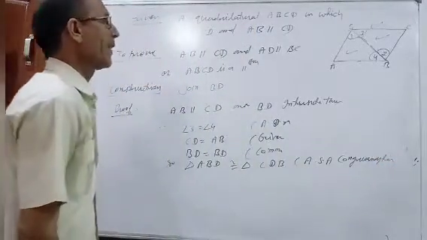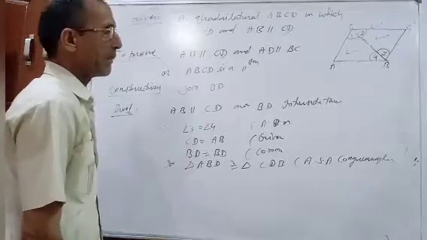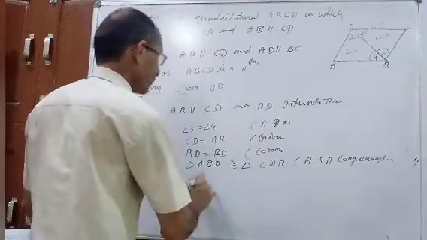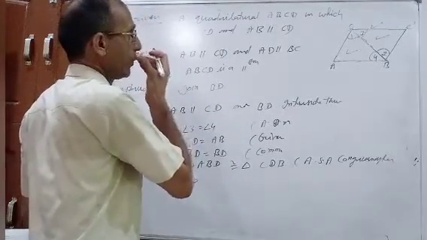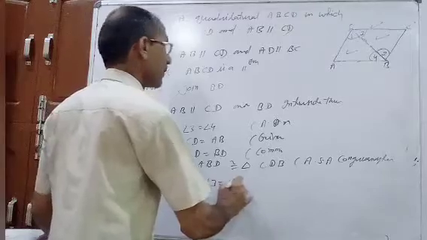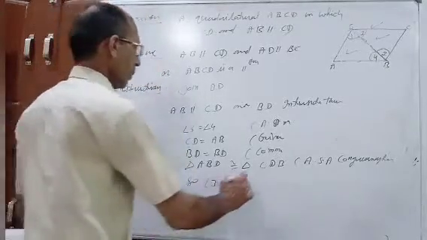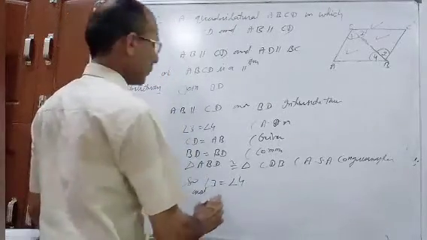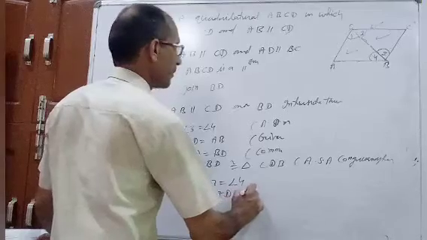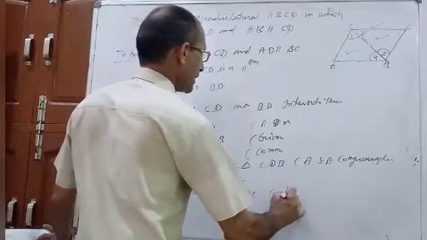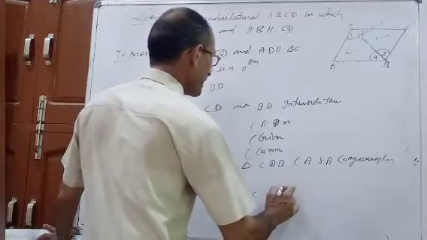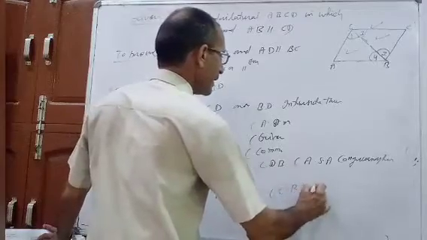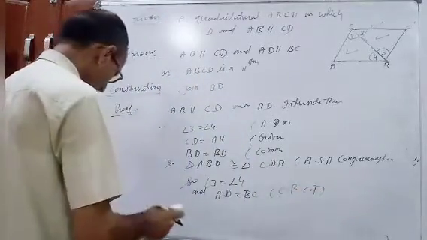Because the triangles are congruent, their corresponding parts will be equal. So AD is equal to BC, opposite sides, by CPCT, corresponding parts of congruent triangles.